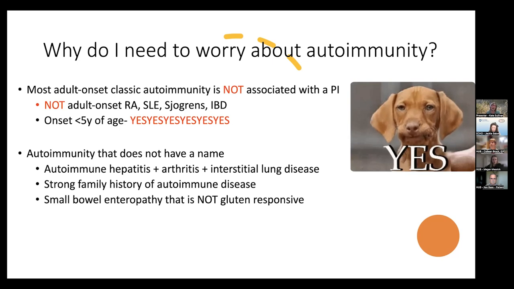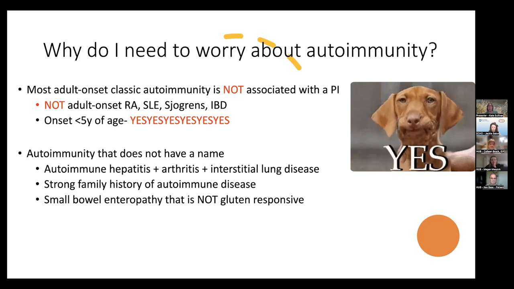Now, I picked early onset, I'm a pediatrician, but there's other ways to conceptualize peculiar. And what I would say is autoimmunity that doesn't have a name. So as an example, I picked autoimmune hepatitis plus arthritis plus interstitial lung disease. That's not a common constellation. If there is a very strong family history of autoimmune disease, and then my last sub bullet is, if you have a patient that looks for all the world like they have celiac disease, but they're just not getting better on a gluten-free diet, and they swear up and down that they are sticking to that gluten-free diet.